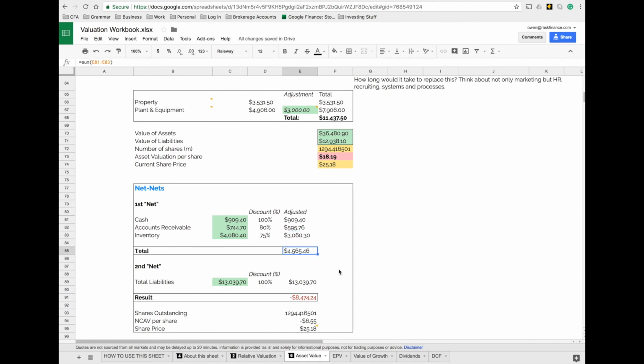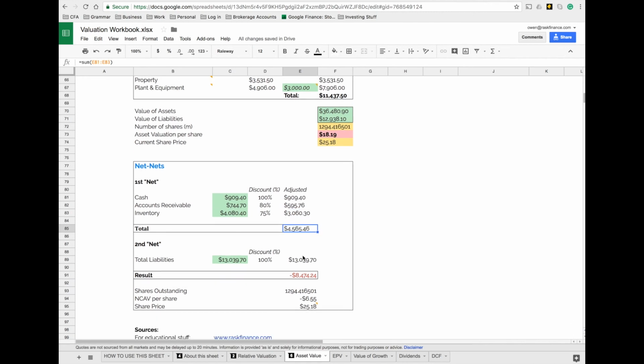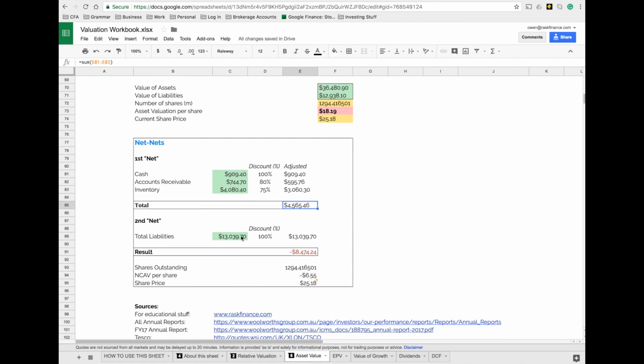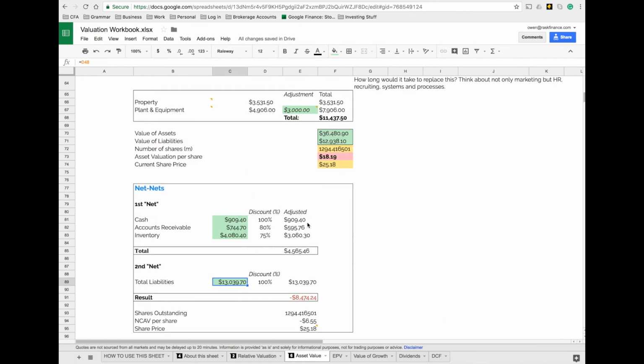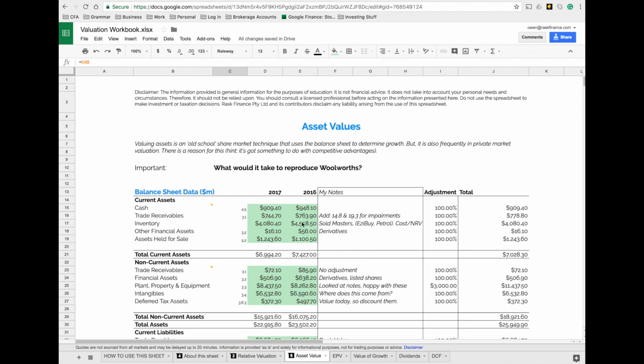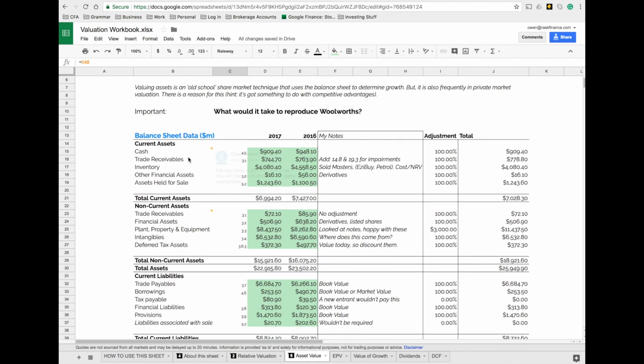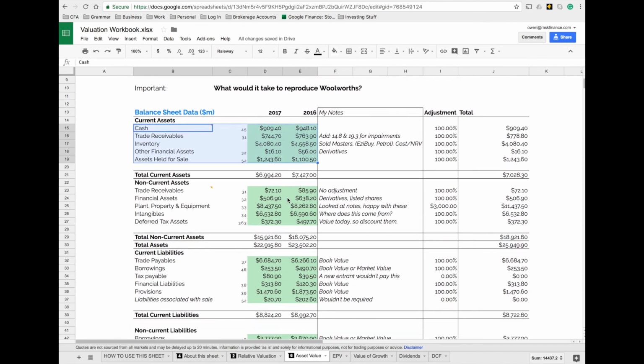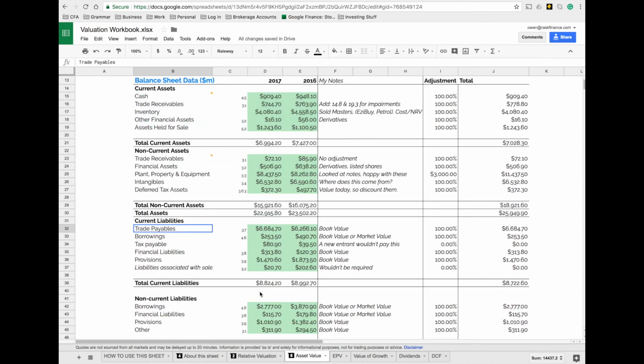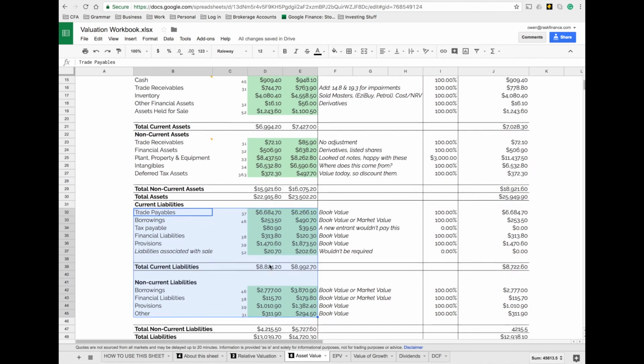And then he would total them up. All right, that's the first net. The second net was that he would get total liabilities. So not just liabilities that apply to current assets. So essentially what he's done is he's picked and chosen what he wanted from this section, but then he's taken all the liabilities from these sections and netted them off.